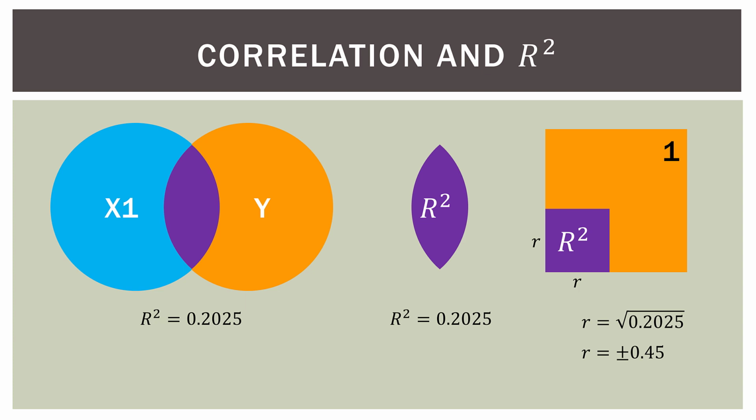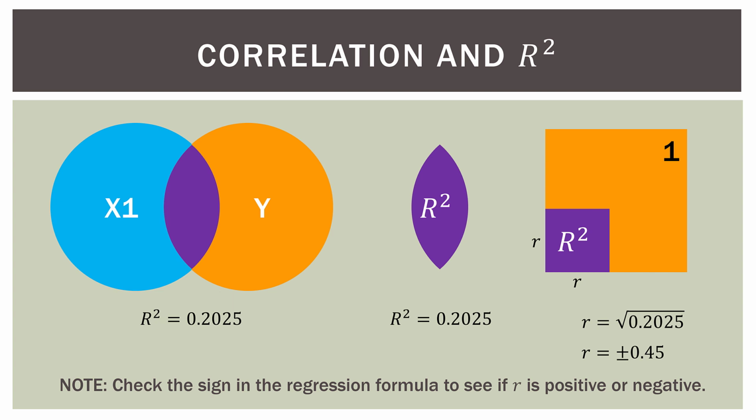It could be either. But in this case, we'll just assume that it's positive. To summarize, the area of overlap between these two variables in a regression is the R squared value. We can pull that out, actually put it into a square format, and there we can see the R squared and the R, which is the correlation. And as I mentioned, check the sign in the regression formula to see if R is positive or negative.